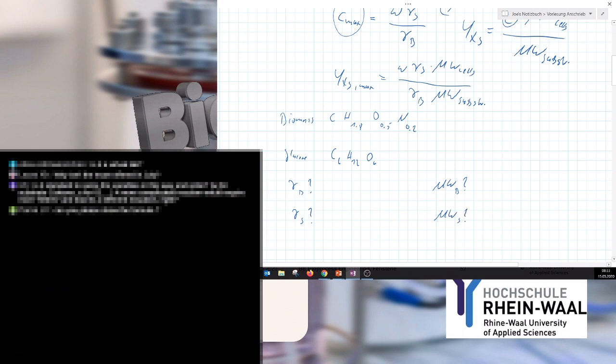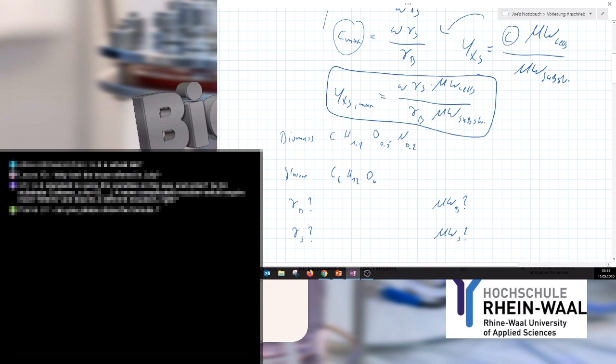So please tell me, I'm waiting for you. You have all the information also here. This is the biomass equation, CH1.8O0.5N0.2. Glucose is C6H12O6. And we have this equation, which at the end is the equation we're talking about, or we can also use this equation for the molar coefficient. So please tell me first the degree of reduction of the substrate and the molecular weight of the substrate, so that I can add that.